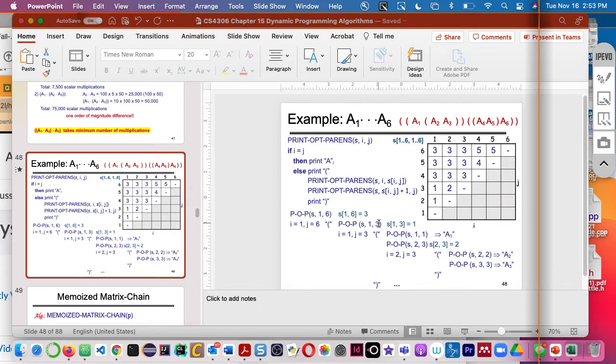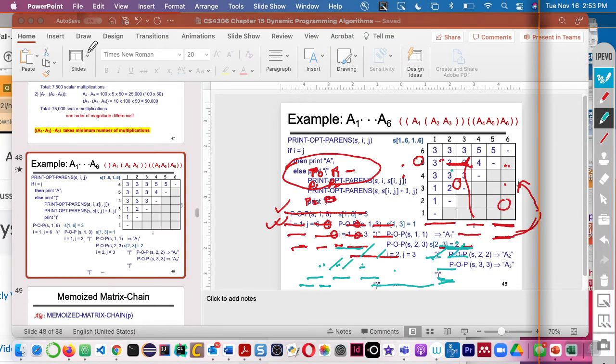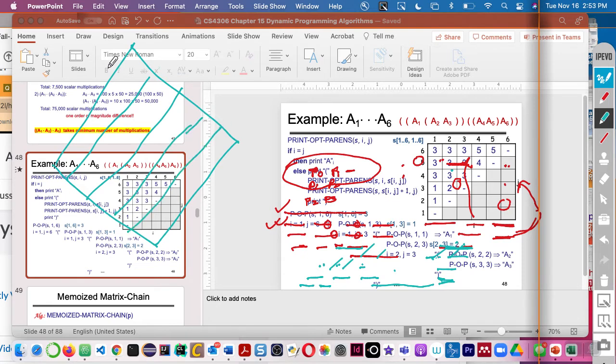Some books or algorithms you may find like this, for instance 1 2 3 4, 1 2 3 4.